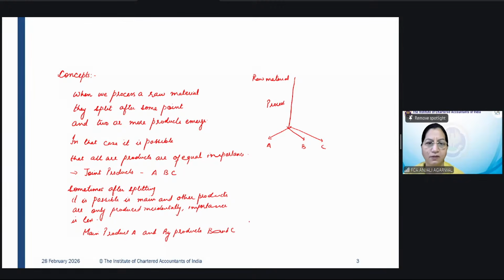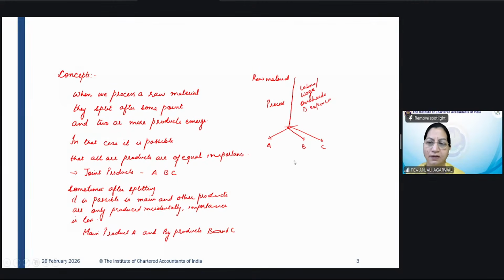So the whole thing is you take some raw material and it goes under some process. You employ some wages, labor, and overheads during the process or some other direct expenses. Then there comes a point when that gets split and you have two or more main products or byproducts. So that's the whole concept.